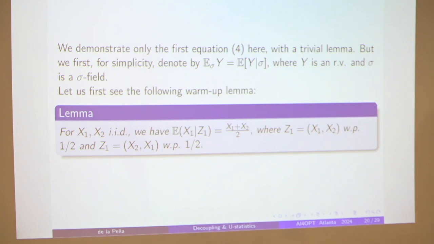So I want to find what this is. So these are IID. There we are just looking at the case of 2, but the general result is this. This is equal to the sum, i going from 1 up to n, of x sub i over n.